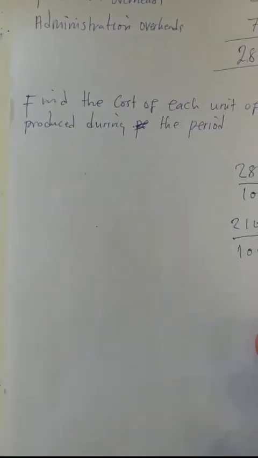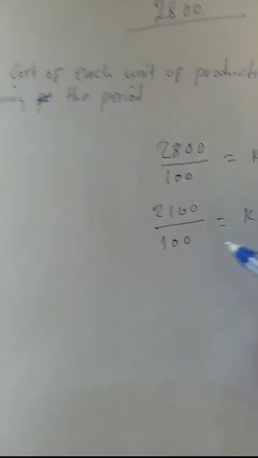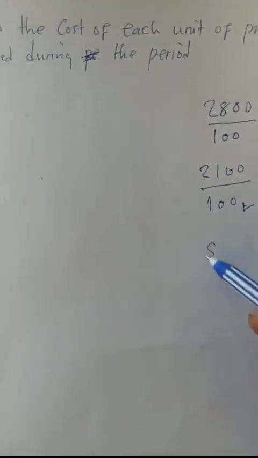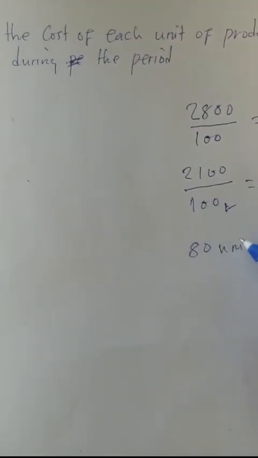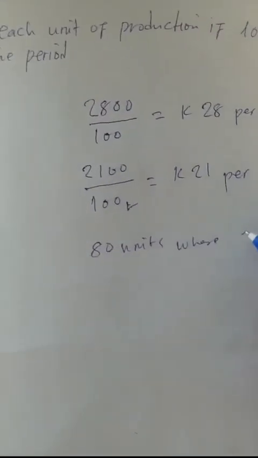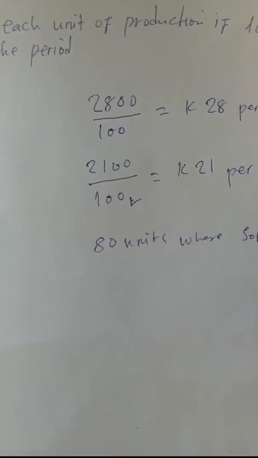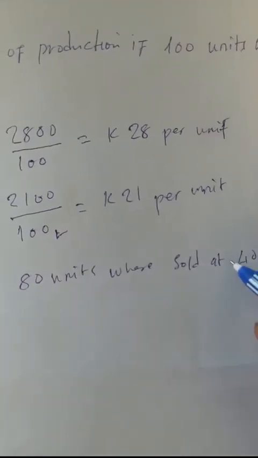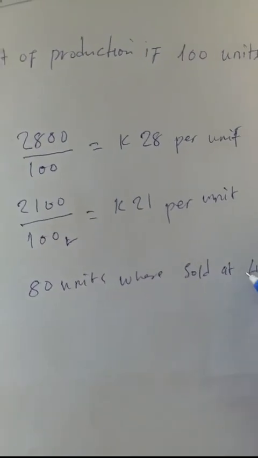So now, during the period, let's say out of 100 units, 80 units were sold at 40 kwacha per unit.